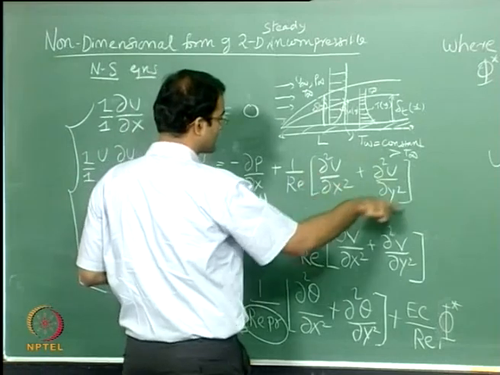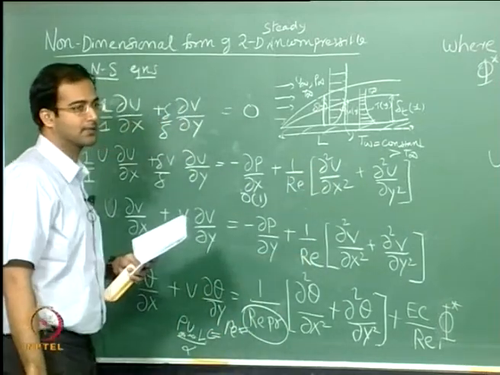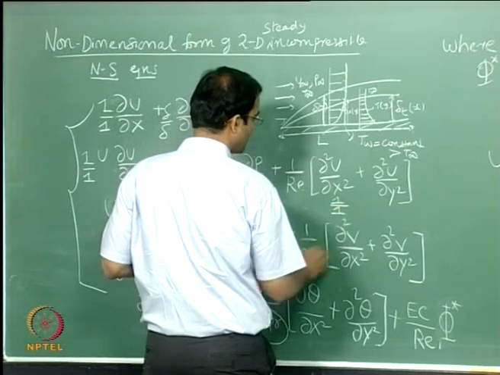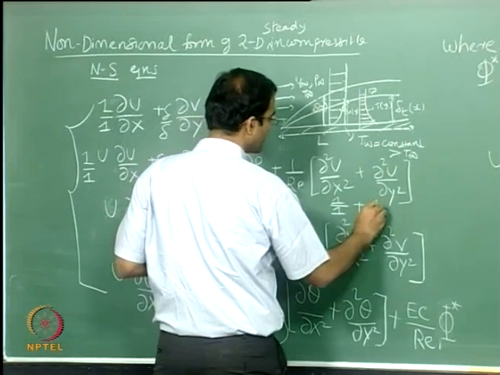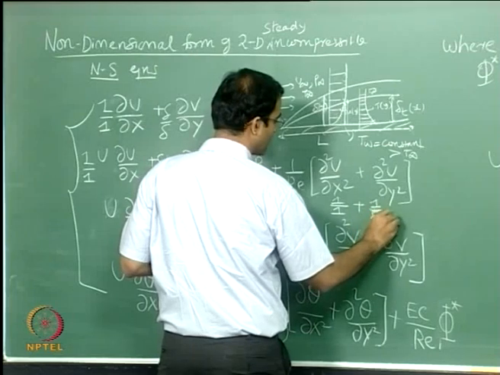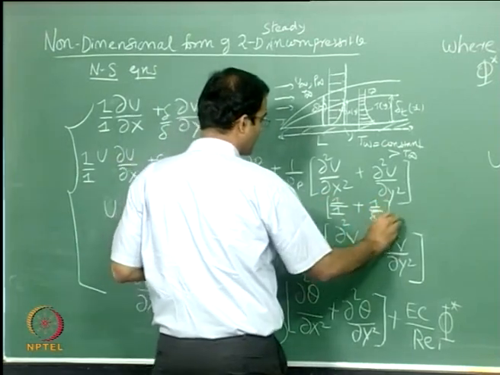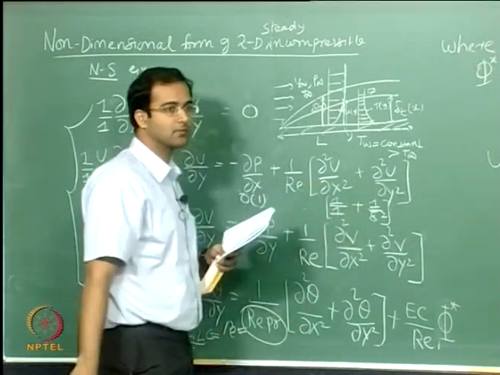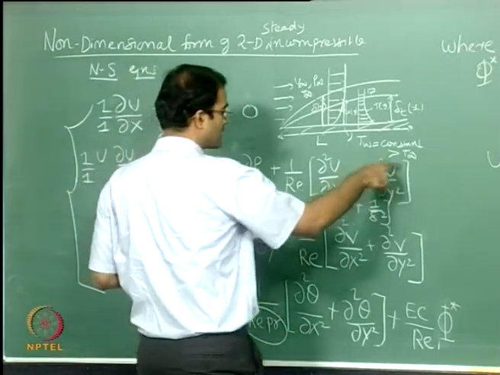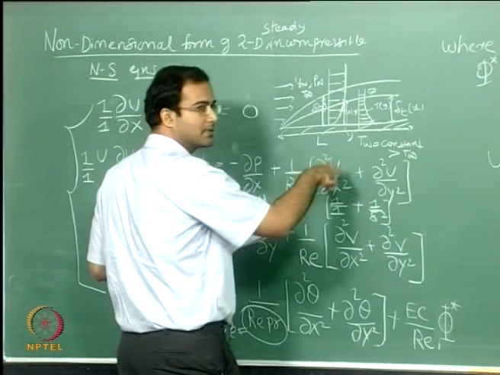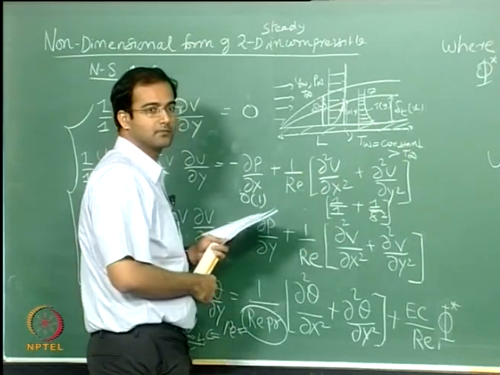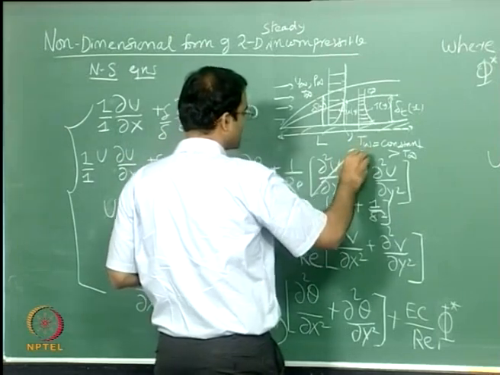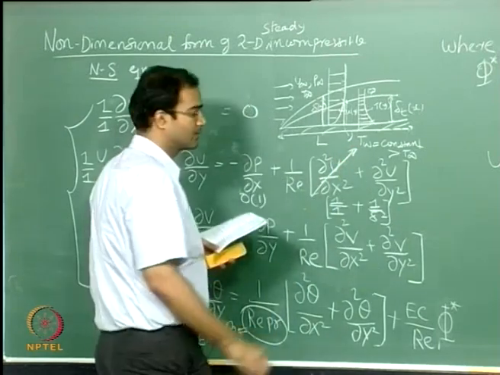Now coming to d square u by dx square, this is of the order of magnitude 1 upon 1, plus this is 1 upon delta square. If you compare these two terms, since delta is very small, naturally this term has to be much more significant than the other term, so you can neglect this term directly.